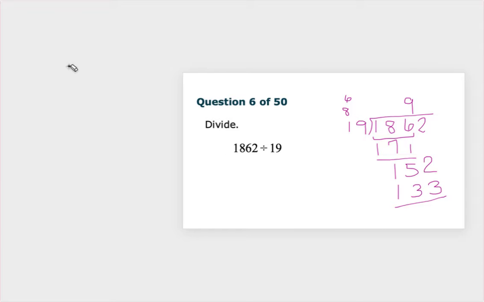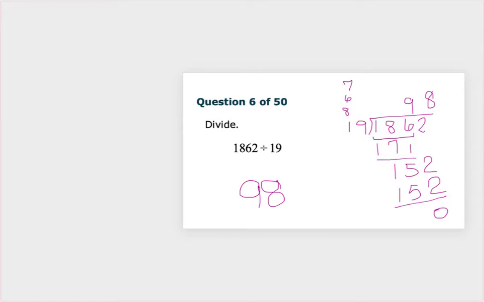Okay, so we're going to make this an 8 instead, and we're going to subtract this right here. Okay, 8 times 9 is 72. 8 times 1 is 8 plus 7 is 15. And we come up with no remainders, so 98.